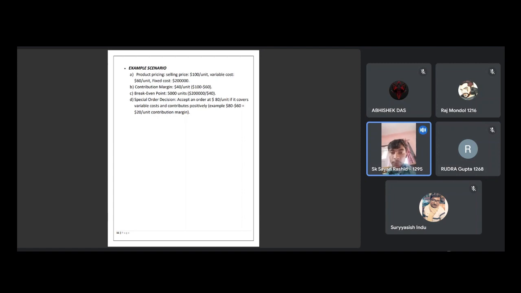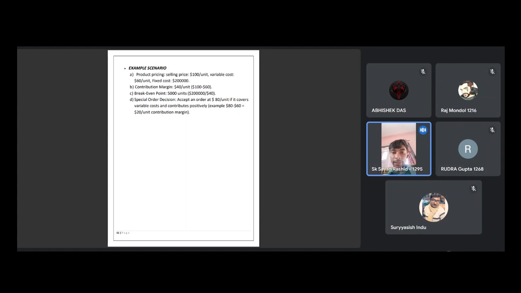Example scenario. Production price. Selling 100 units, variable cost is 60 per unit, and fixed cost is 2 lakh. So contribution margin per unit here is 40 per unit. That is 100 minus 60.